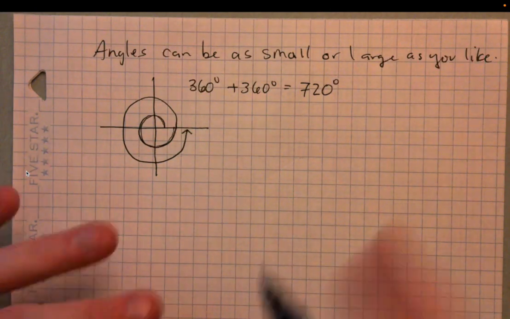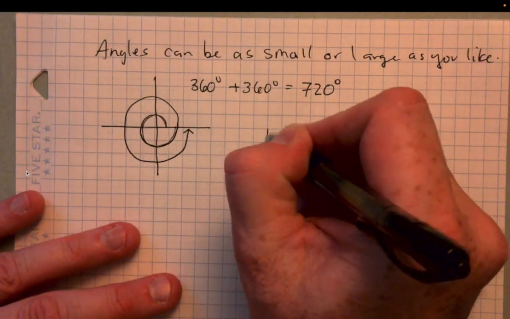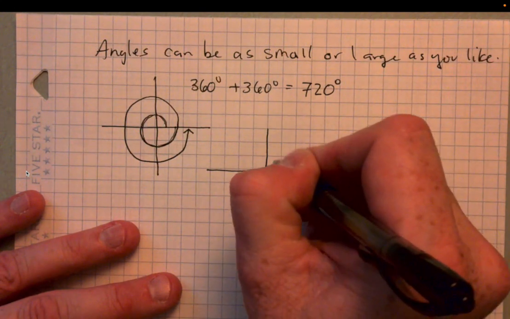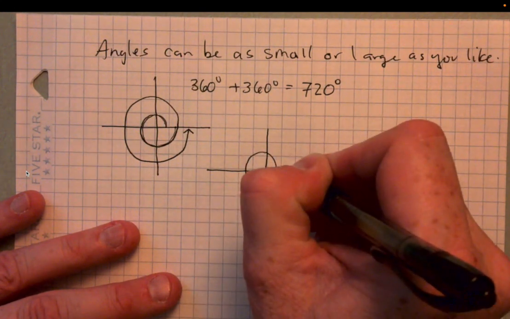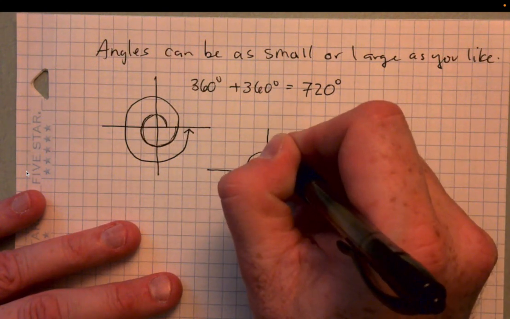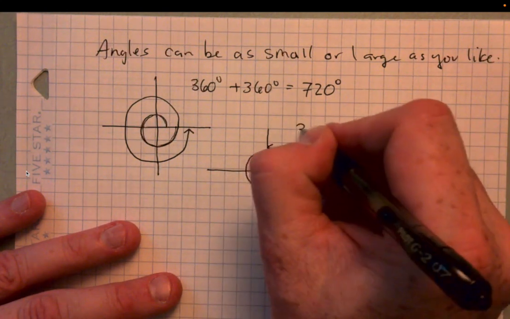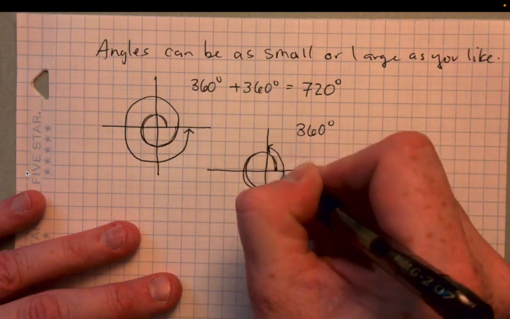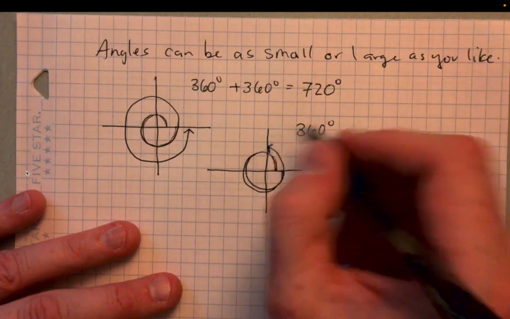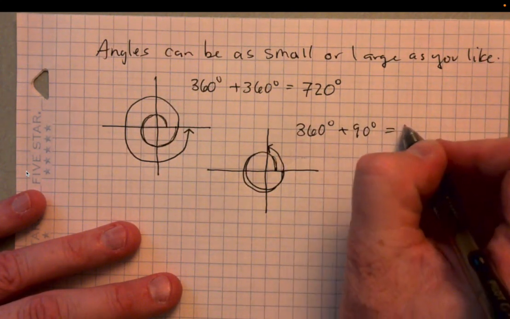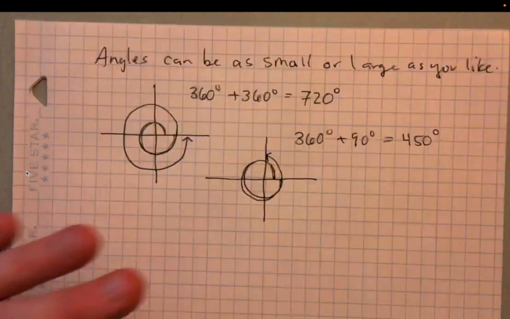Similarly, maybe I start and I go around once, and then instead of going around a second time, I just go a quarter of a rotation, up to here. That'd be 360 degrees around, and then 90 degrees, for a total of 450 degrees.